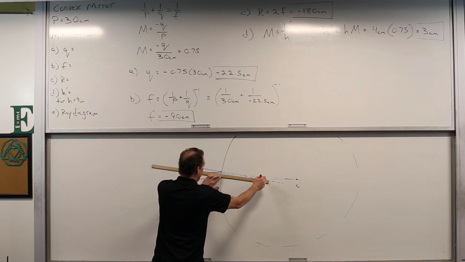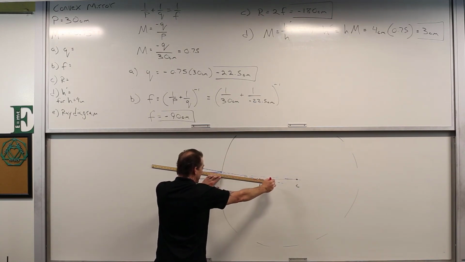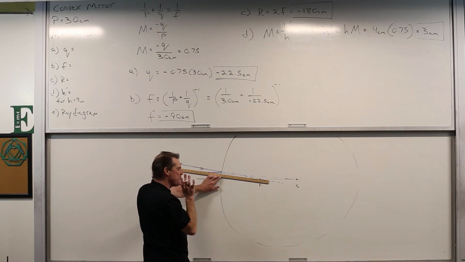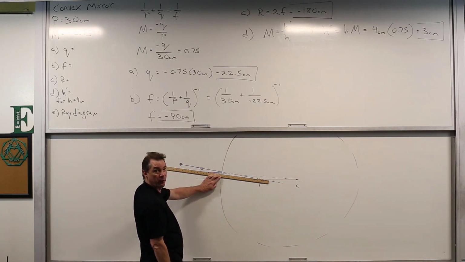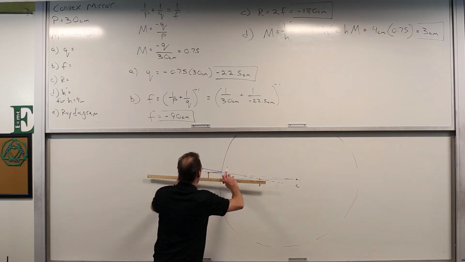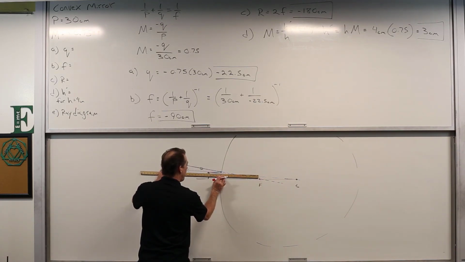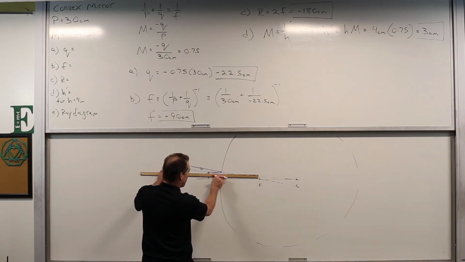It is aligned with this, but I'm not going to draw that alignment in because I only want to draw in the reflected paths for the image formation. So we know that this one's aligned with this initially, and then it's going to reflect off parallel to the principal axis.